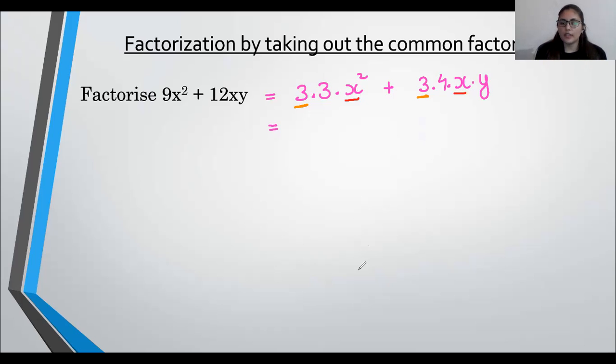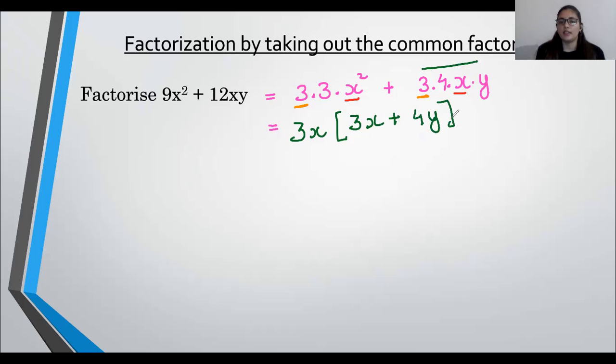So what will we get? What we have taken outside is 3x. Now, what is left behind? Inside the bracket, we will write everything which is left behind. Here we got 3 times x, plus, in this part, what is left behind is 4 times y.